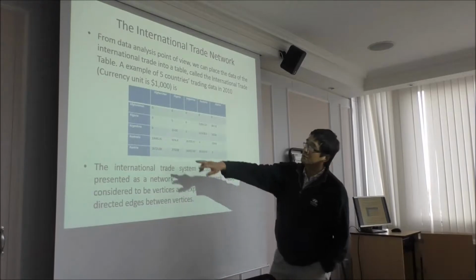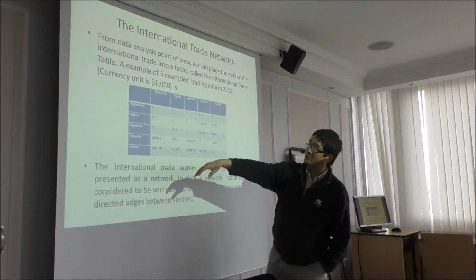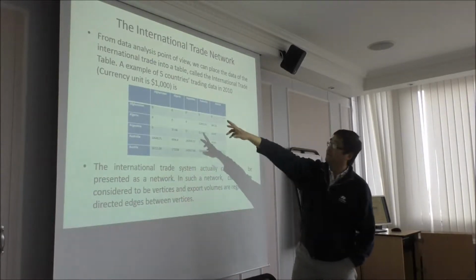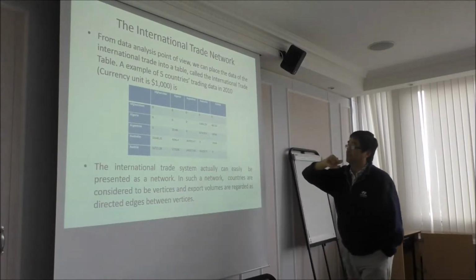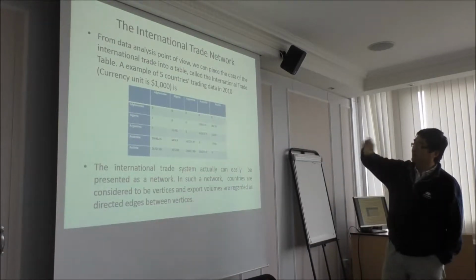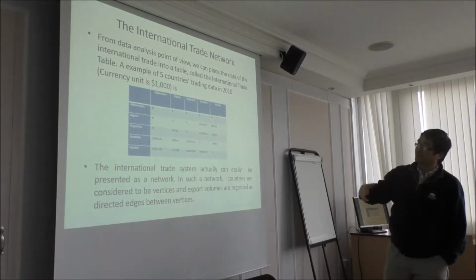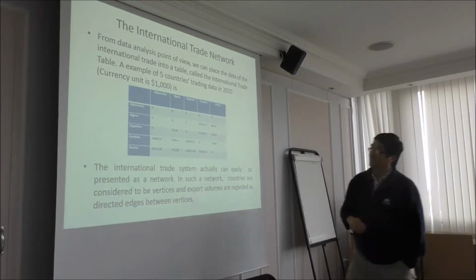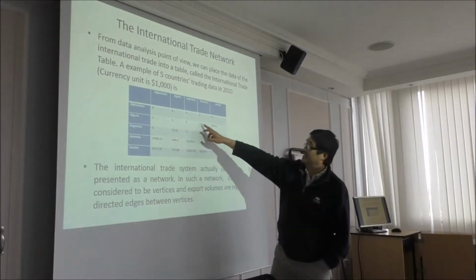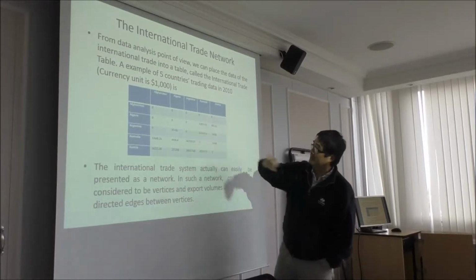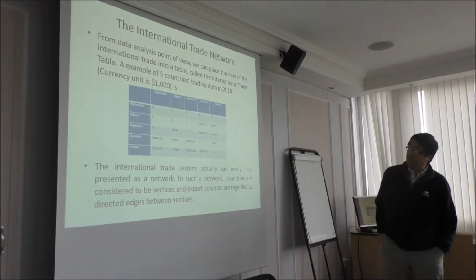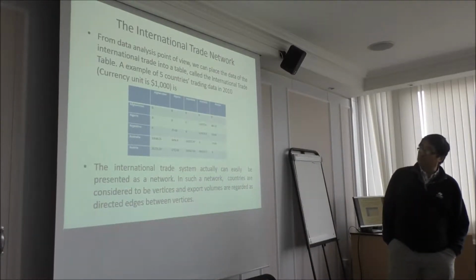The countries in the column are the countries that export, and the countries in the row are the countries that import. So if you read this figure, for example, Algeria against Australia, that sum is the amount that Algeria actually exports to Australia.